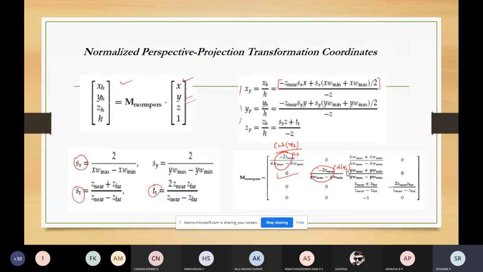If you're not considering the field of view angle, this will be your perspective projection view matrix. This is the final transformation which is obtained, and you can also have one more transformation which I will discuss in the next class.